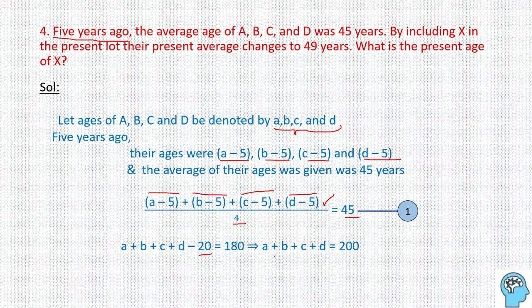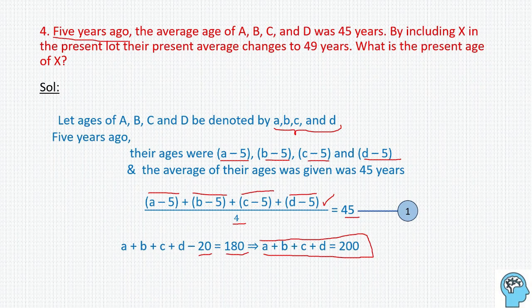Then 4 into 45 is 180. So a plus b plus c plus d is equal to 180 plus 20, that is 200. So you got the sum of present ages, a plus b plus c plus d, is 200.